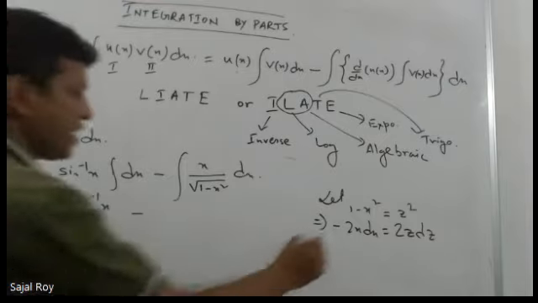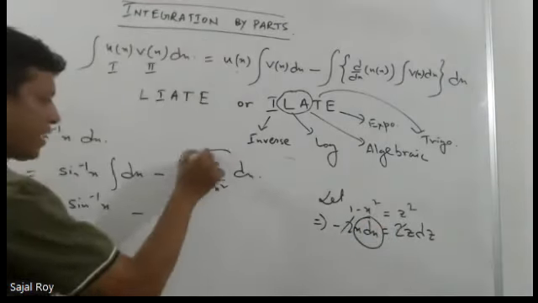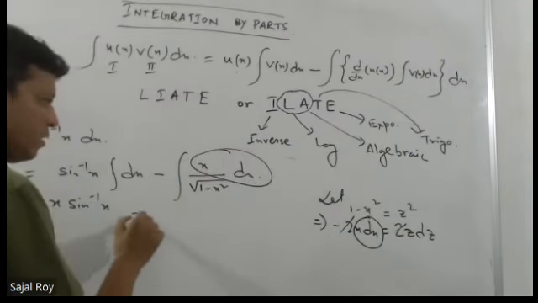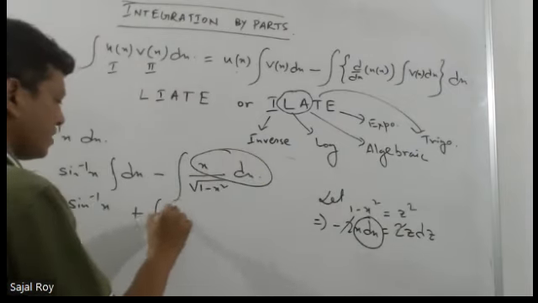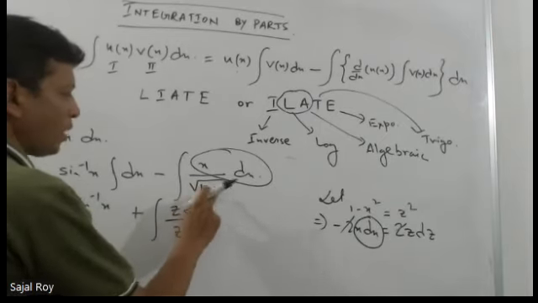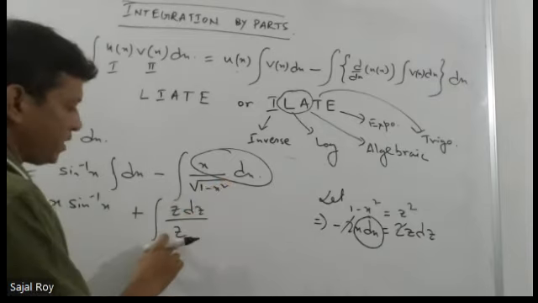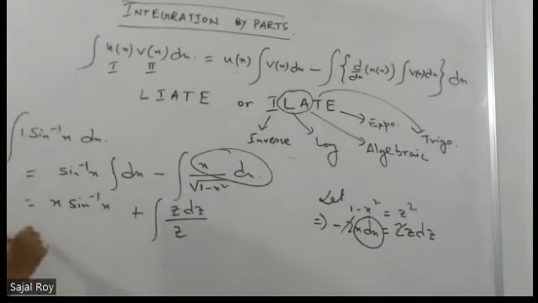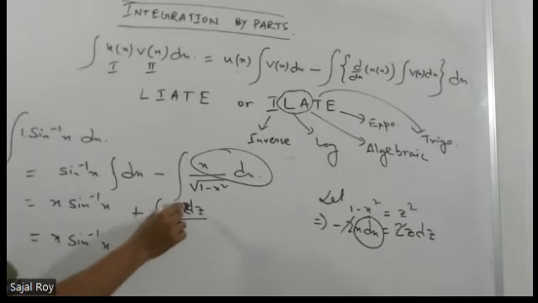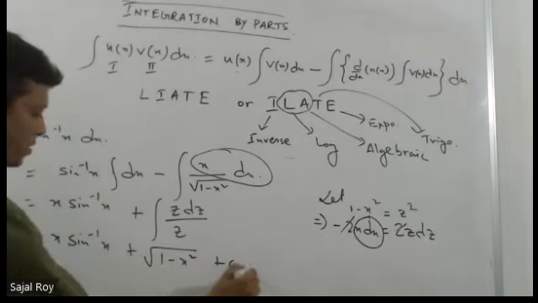So you have x dx, the 2 cancels, and that is plus z dz over z, because 1 minus x square is z square, so root over z square will be z. Integration of dz will be z, and z is root over 1 minus x square, plus c.